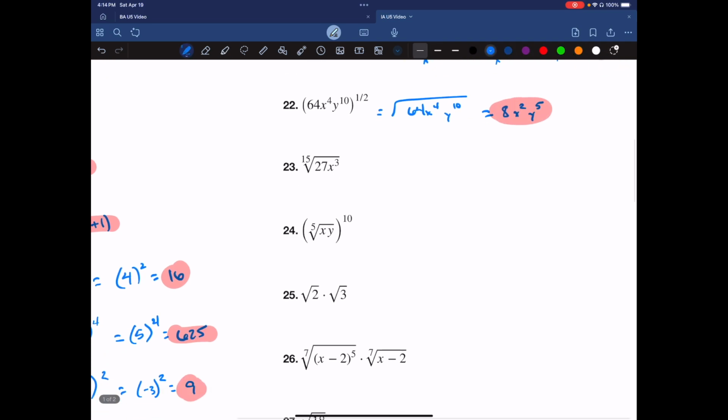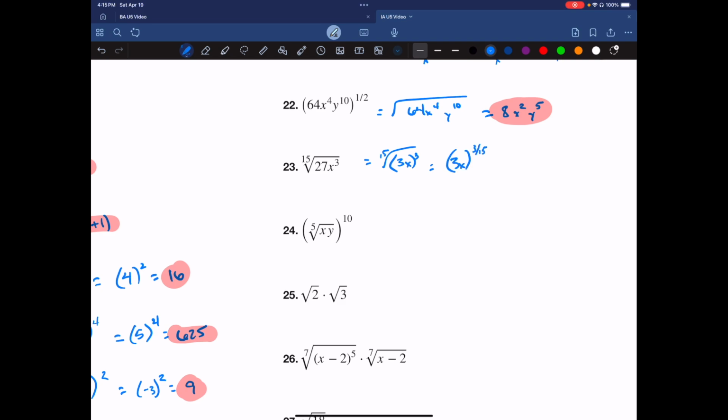On 23, this one's interesting because I can rewrite the inside of this. I can rewrite this as 3x all cubed, because 3 cubed is 27, so I could rewrite that as 3 cubed, and then I can bring that cubed out and write that in parentheses. And then, if I do it like this, I can rewrite this as 3x to the 3 over 15.